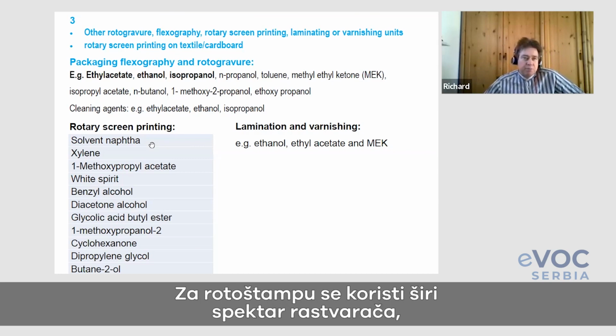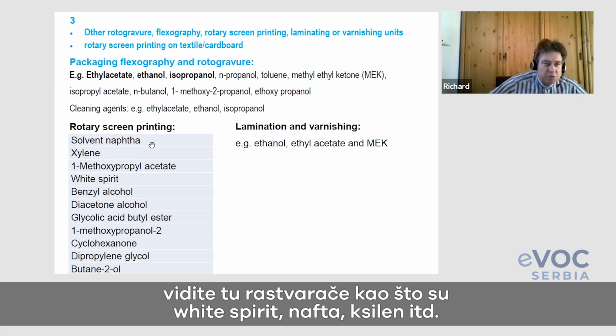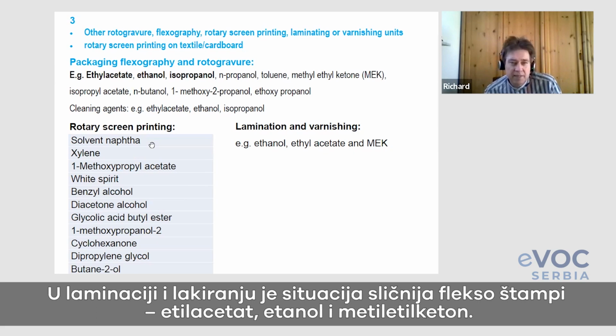For rotary screen printing, there is a larger variety of solvents. You see white spirit, solvent naphtha, xylene, and so on, solvents that can be applied. And in lamination and varnishing, that is more equal to the flexo printing units.